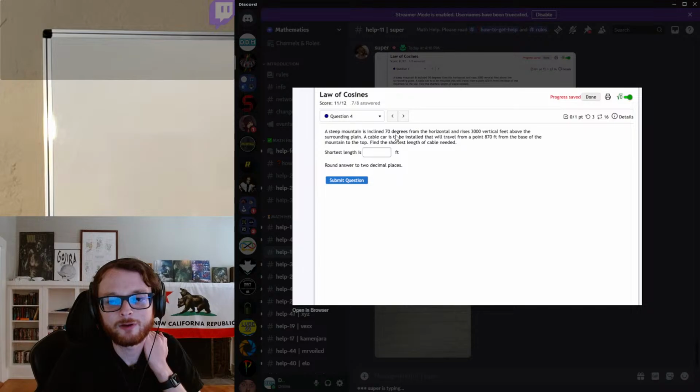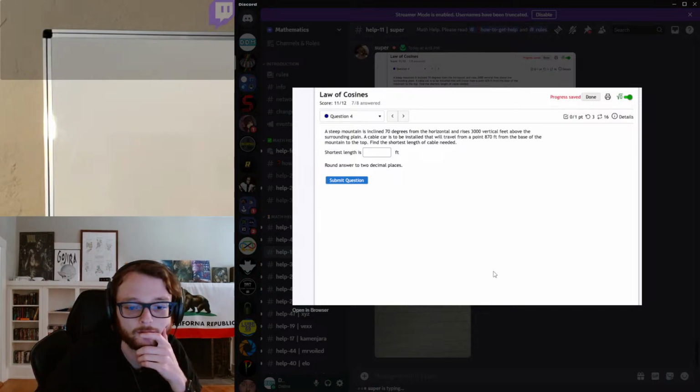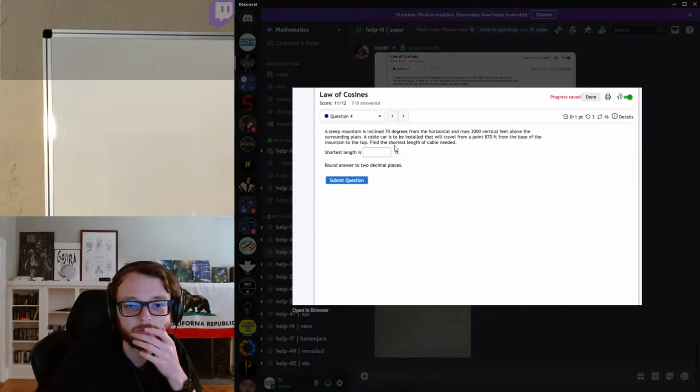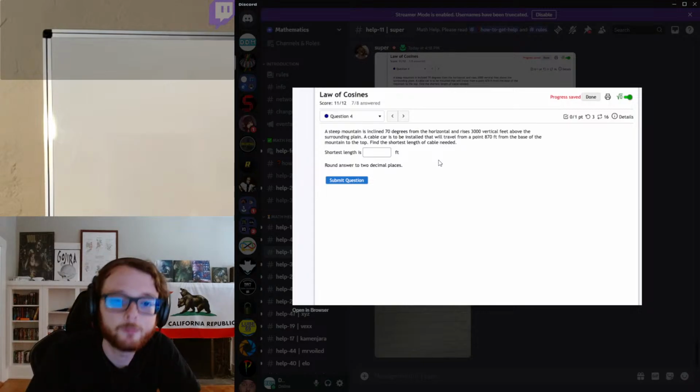Steam is inclined 70 degrees from the horizontal, rises 3,000 vertical feet. I gotta draw this, or we can look at their drawing. 870 feet from the base of the mountain.